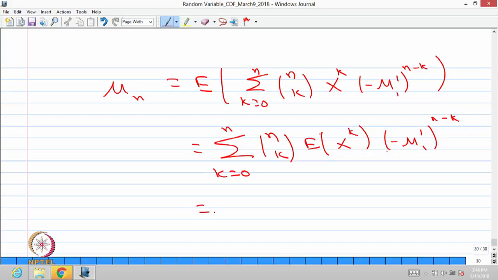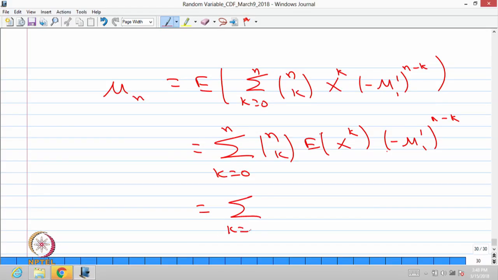I can rewrite expectation x power k as the kth order moment about origin. Therefore, this is going to be summation k is equal to 0 to n, nck, mu suffix k dash multiplied by minus mu suffix 1 dash power n minus k.